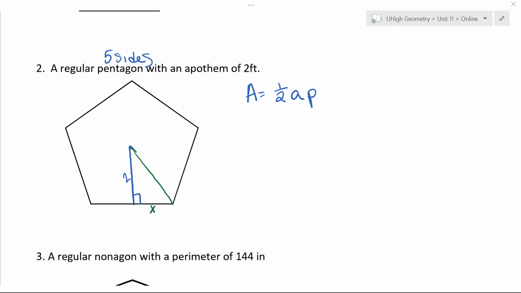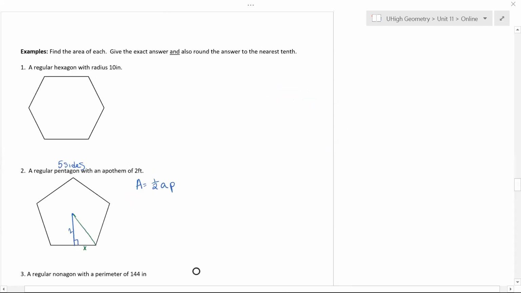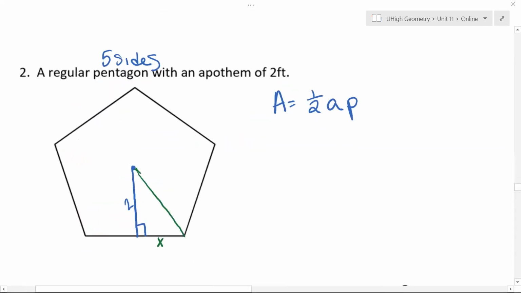And since all of my triangles are going to be isosceles here, I know that if I find one part, my other part is also going to be x. So let's see, how can I do that?